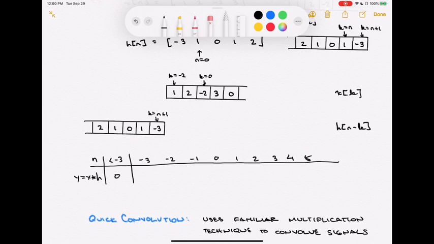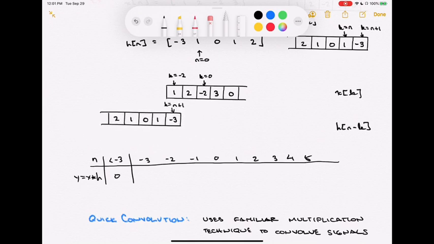Let me grab this moving tape, h of n minus k, and move it to the first value, when n equals minus 3. When n equals minus 3, n plus 1 is minus 2, and that's when these two tapes overlap by 1 element.